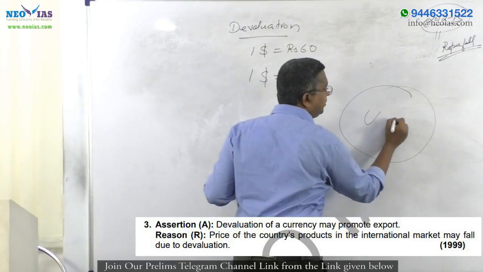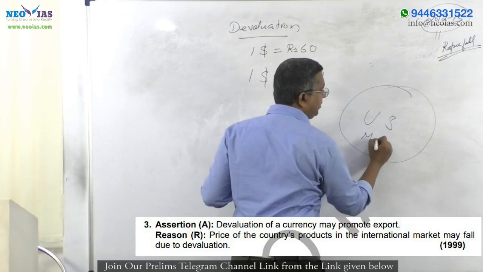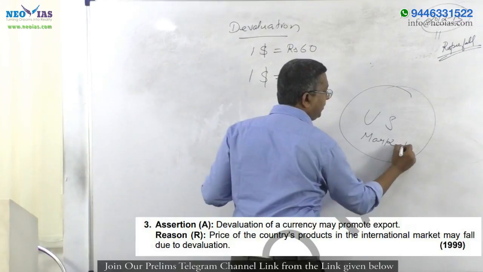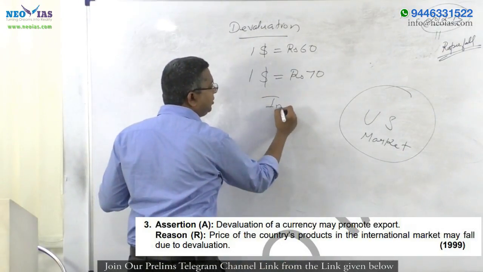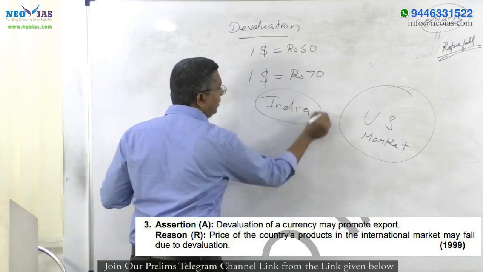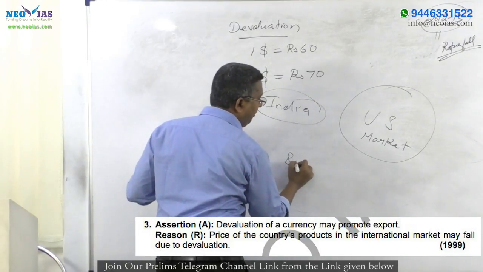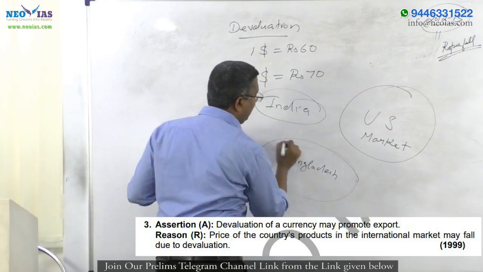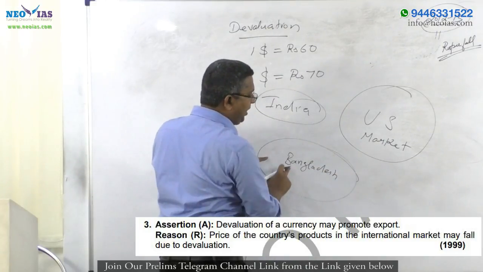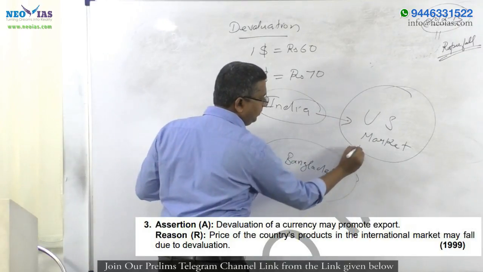Now take this US market. Our competitor India is competing with Bangladesh for a particular product. So there are exporters from India and Bangladesh exporting to US.